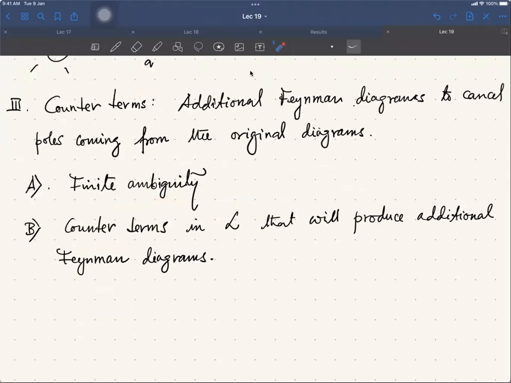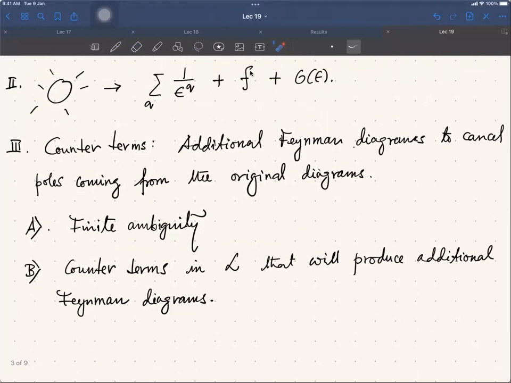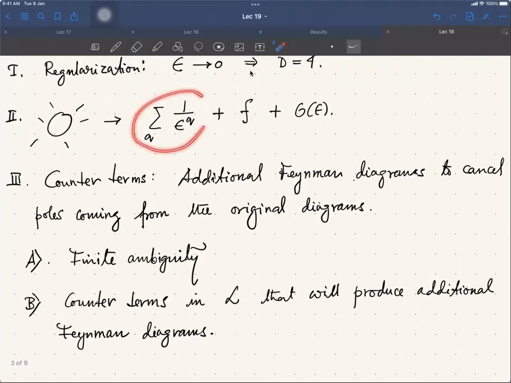But before that, the fact that there can be a systematics of absorbing such divergences inside finite counter terms is not at all an obvious statement.